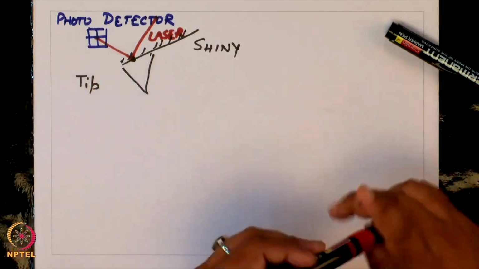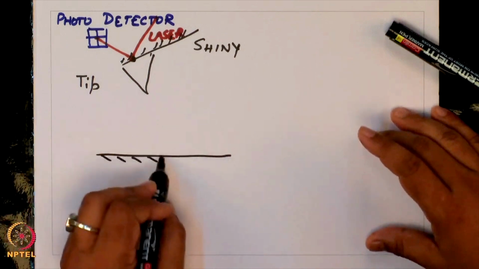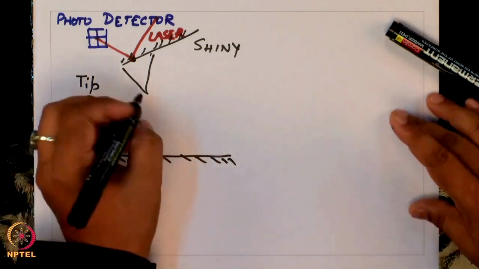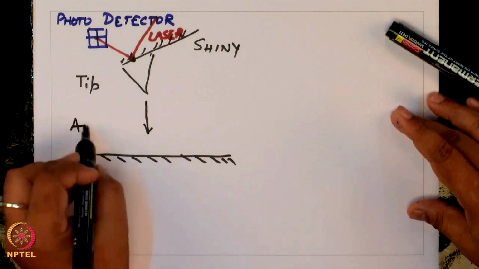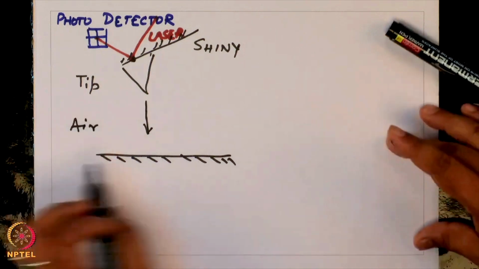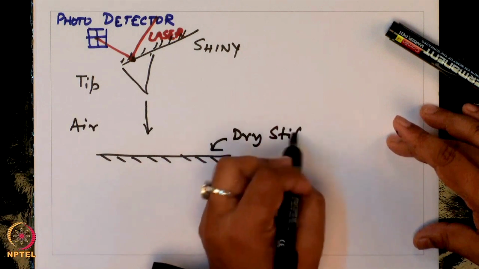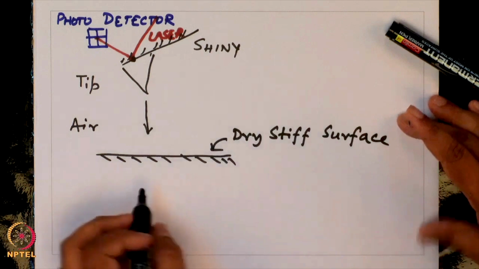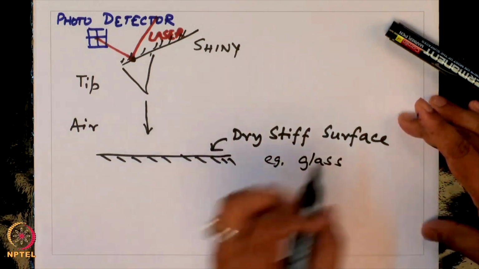Okay. So, for example, let us assume that the tip is trying to probe this particular substrate, which can be just glass. So, when the tip is moving through this air, let us say this is air and you have a dry surface. This is a dry stiff surface, for example just a glass cover slip in case of biology.